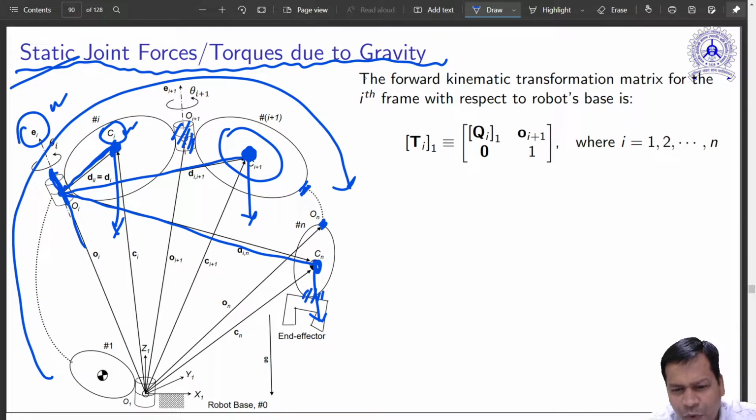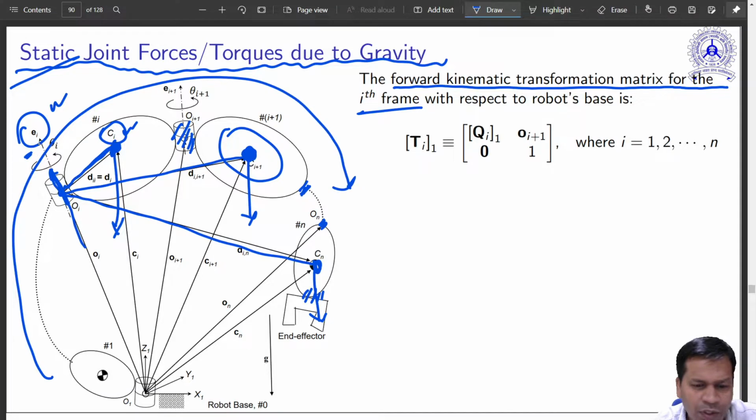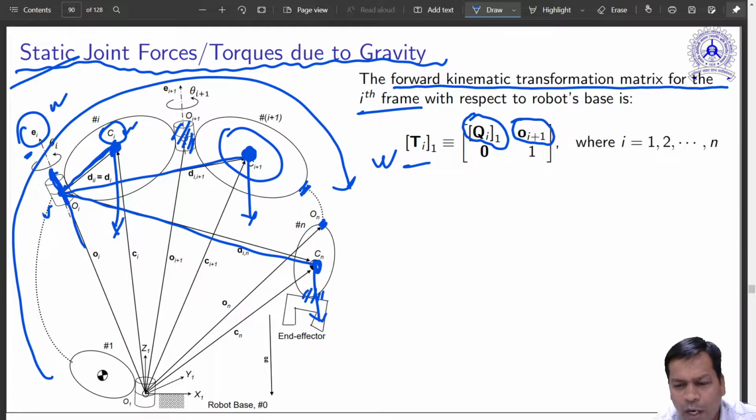This is the forward kinematic transformation matrix for the ith frame. This frame with respect to the robot base is given by T_i. This is the orientation of the frame that is attached to this, and O_(i+1).